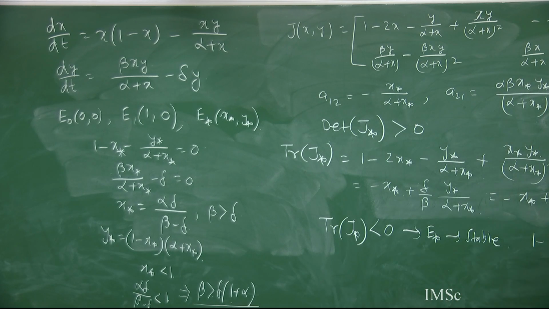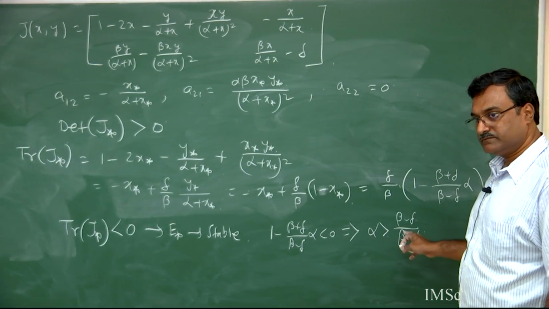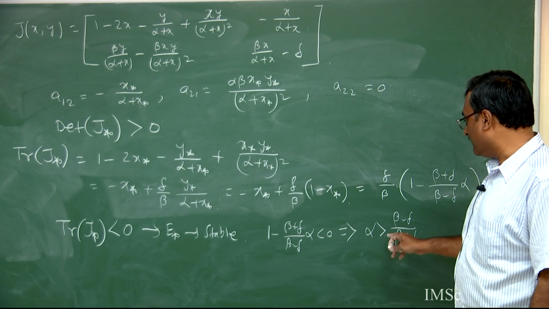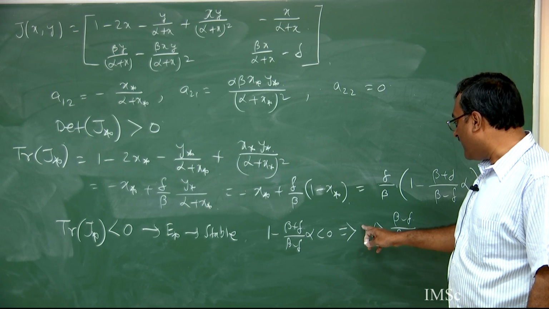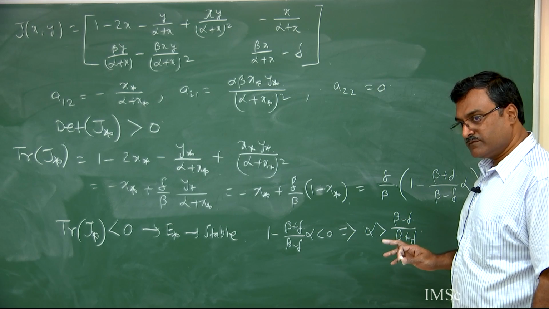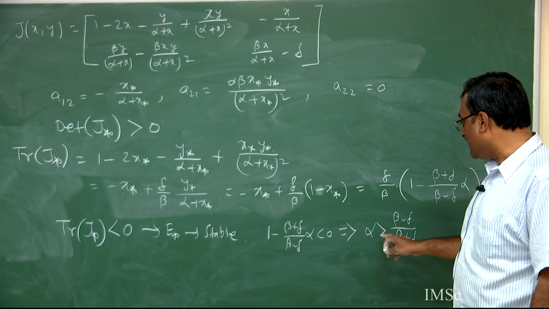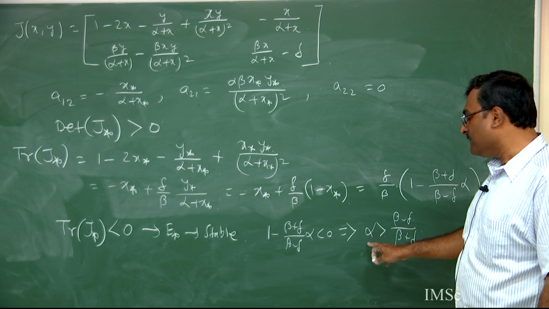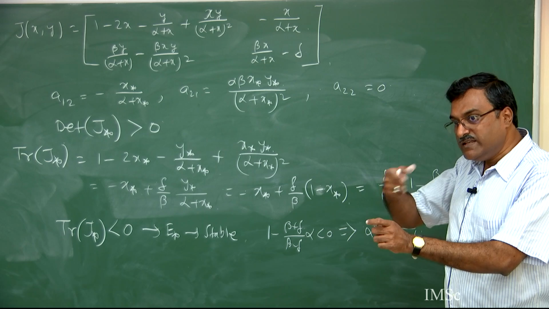Because if you solve this inequality for beta, so what you will be having, that beta should be less than alpha plus 1 by alpha minus 1 into delta. So if you solve this inequality for beta, then you will be having that beta should be less than alpha times 1 plus delta, 1 minus 1 plus alpha by 1 minus alpha. So if your alpha equal to 1, this quantity is undefined.